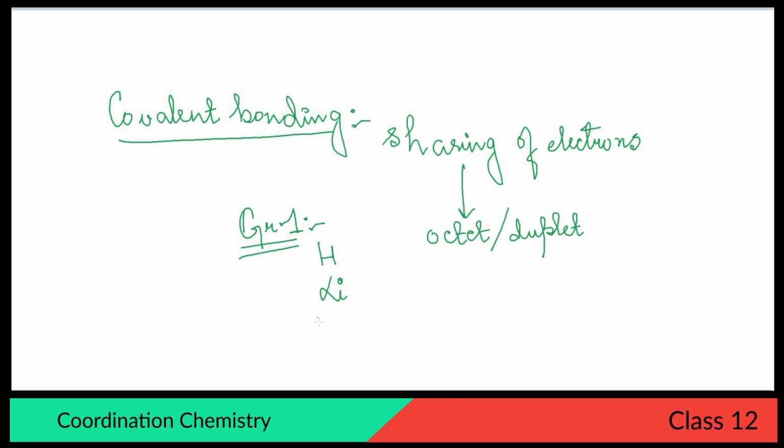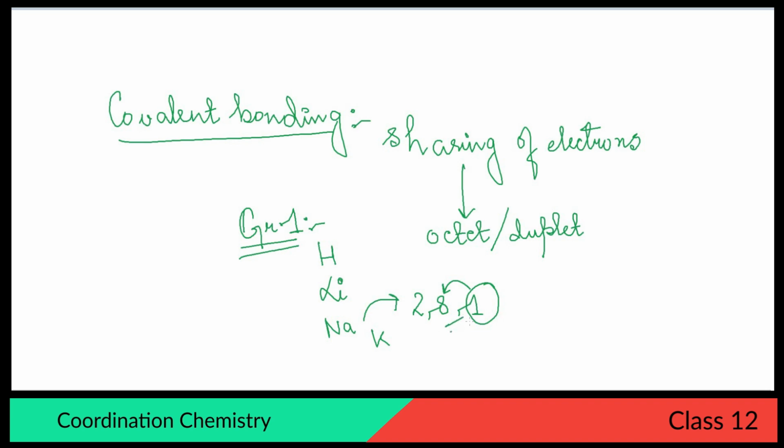See, if we go further down, that is sodium, potassium, etc., you would see in order to attain a stable noble gas configuration, it will have to fulfill an octet rule. Why? Because for sodium, the atomic number is 11, so 2, 8, 1, right? So, in order to attain a stable configuration, it has to fulfill the octet rule instead of the duplet rule, because the penultimate shell, that is the one before the valence shell, has 8 electrons.